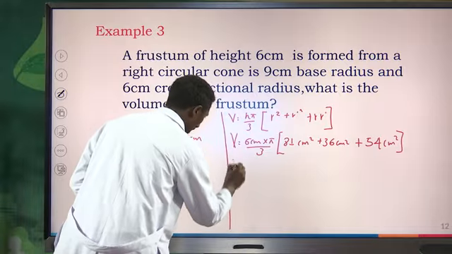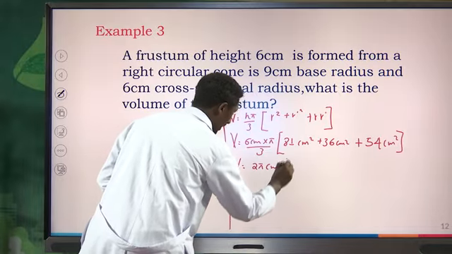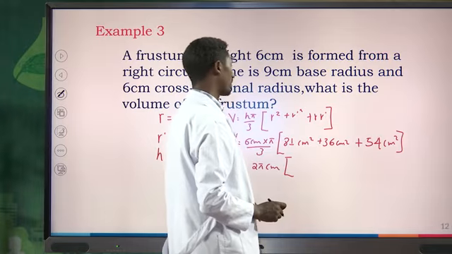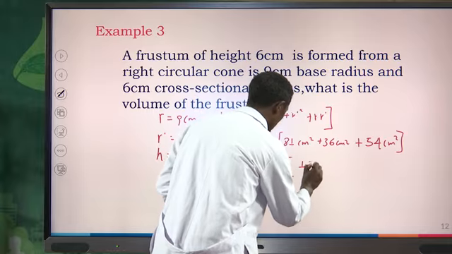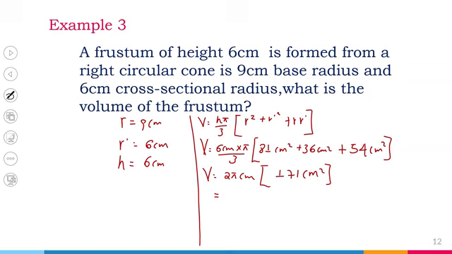So the volume V equals 2 pi cm times the sum of these values. The sum is equal to 171 square centimeters. So 2 pi cm times 171 square centimeters is 342 pi cubic centimeters. That's the volume of this given frustum of a cone.